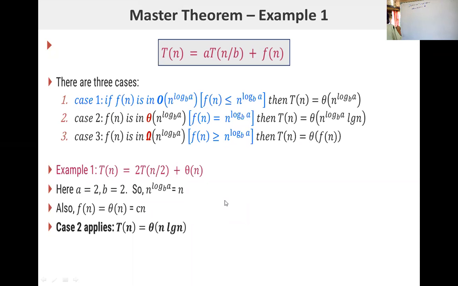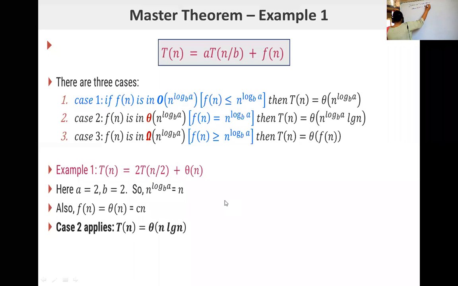This is called theta notation, f(n) is theta of n to the power d, and d is greater than or equal to 0. So we have written this. It has three cases. Case 1: T(n) will be equal to theta of n raised to power d if a is less than b raised to power d.